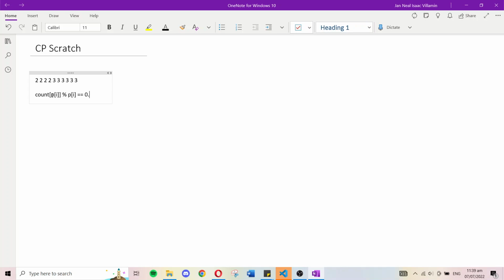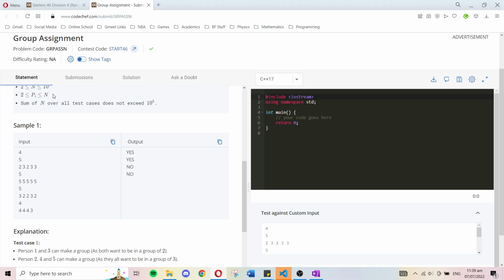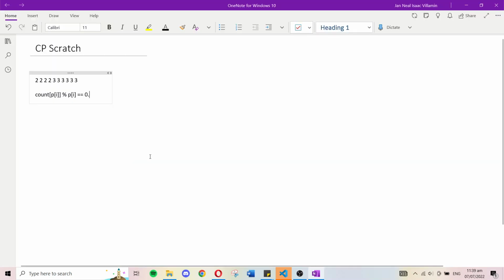Right? So the example here is that the count of 2 is 4, divisible by 2. And the count of 3, which is 6, is divisible by 3. So that's the condition, and you can code that for yourself.